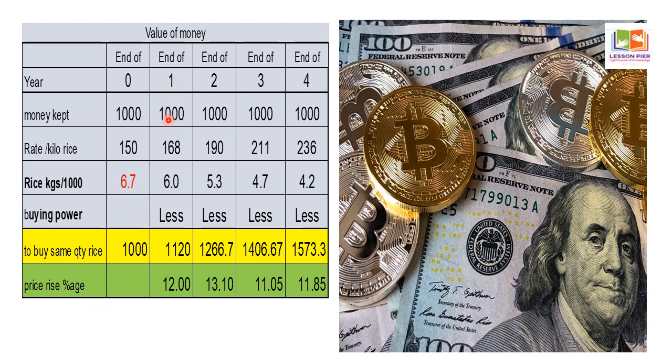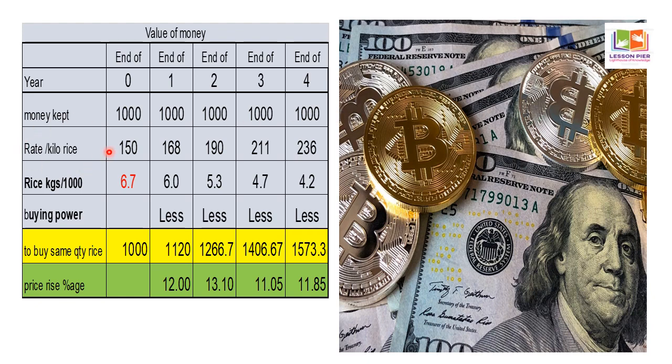Let's say you keep it at the end of year 0, rupees 1000. Similarly, at the end of year 1, you check it, it is still the same 1000. You don't add anything, neither do you take out anything from this money. Similarly, it remains the same in the box at the end of year 4 also.